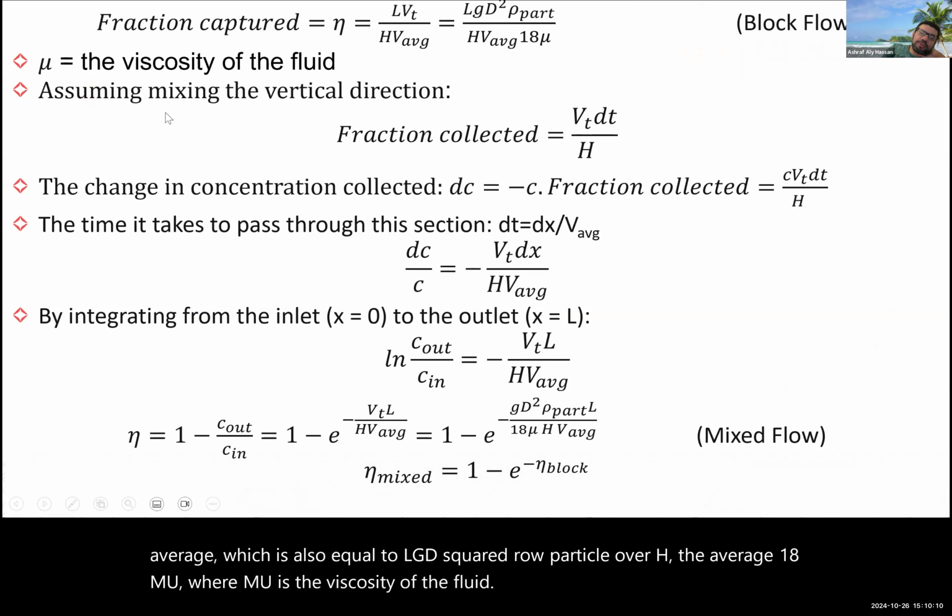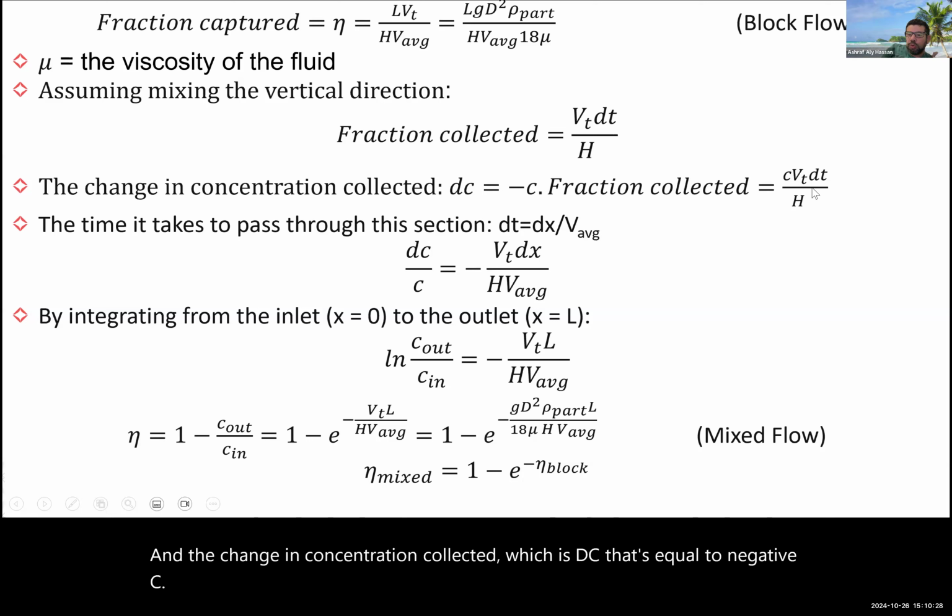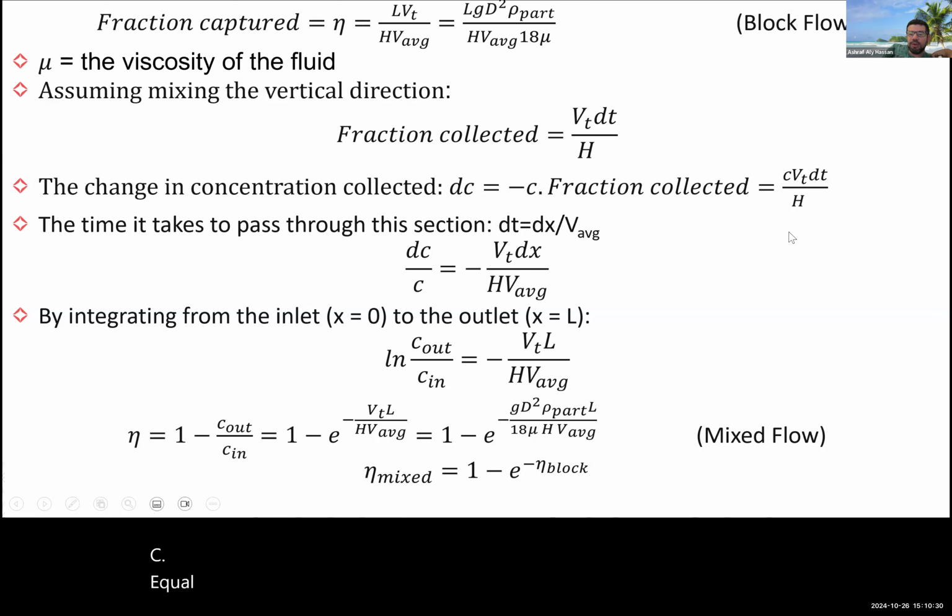Now, assuming mixing in the vertical direction, the fraction collected is Vt dt over H, and the change in concentration, dC, is equal to negative C Vt dt over H. The time it takes to pass through a small section is dt equals dx over V average.